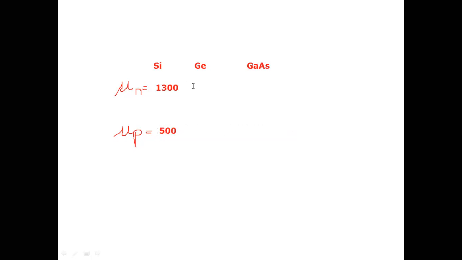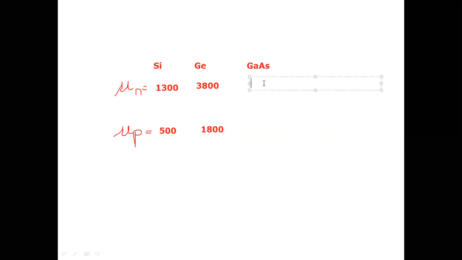The mobility of electrons in germanium is 3800, and the mobility of holes in germanium is 1800. These are the constants you have to remember while solving problems.